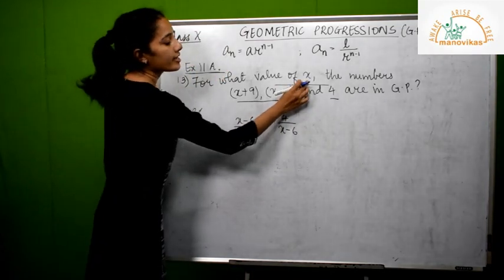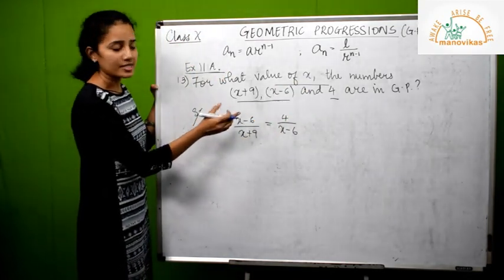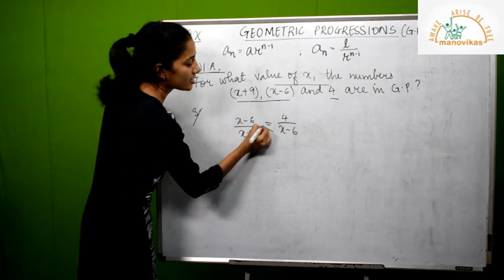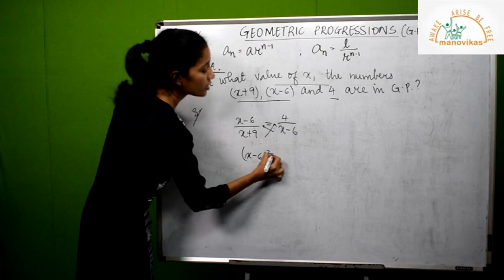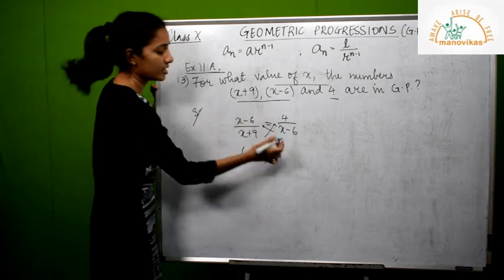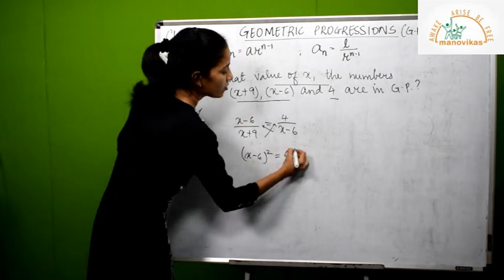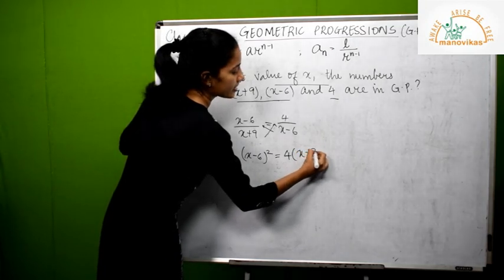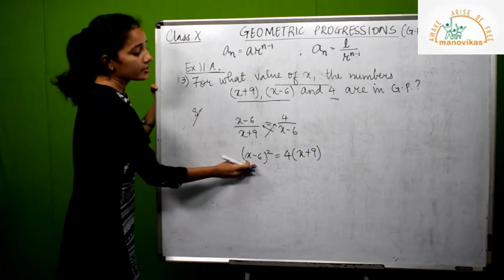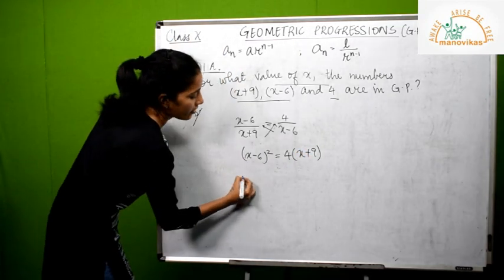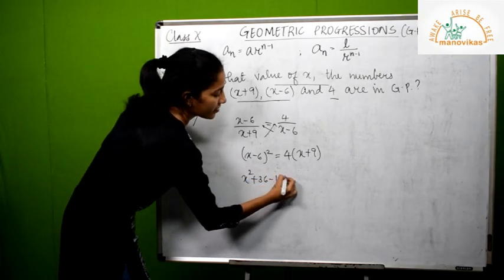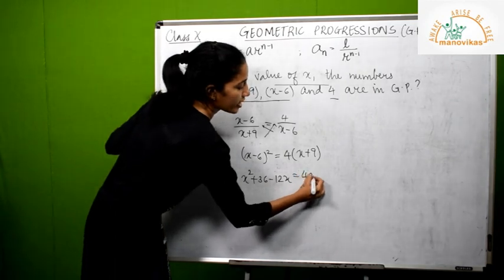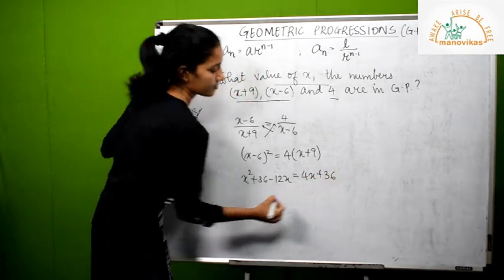Now to calculate x, I will be cross multiplying. So when I cross multiply, I get x minus 6 the whole square, since both of these are similar, and this will be 4 into x plus 9. Expanding this bracket, I have x square plus 36 minus 12x is equal to 4x plus 36.